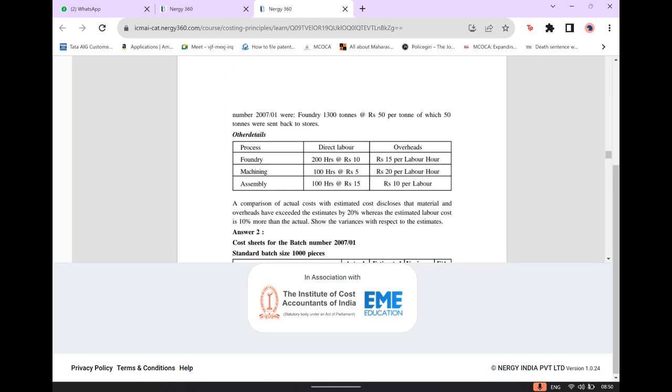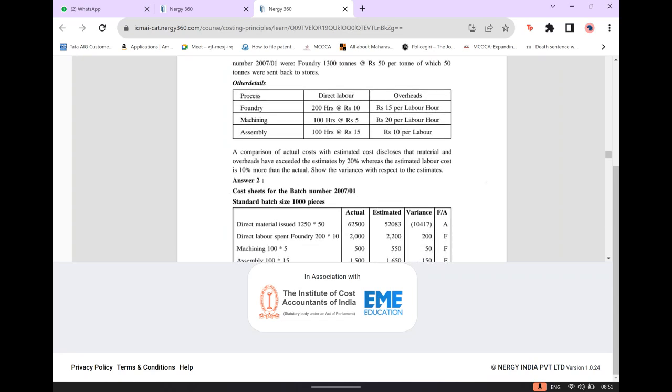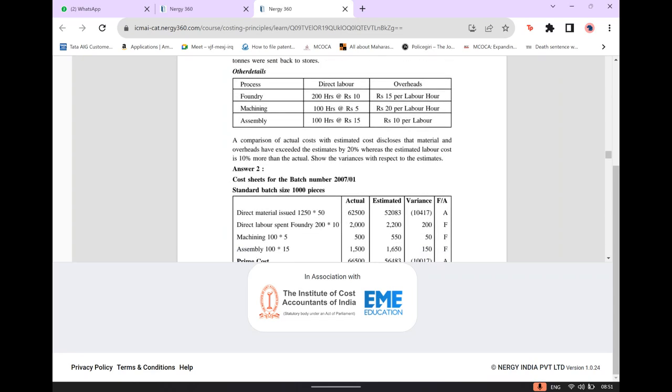A comparison of actual cost with estimated cost discloses that the material and overheads have exceeded the estimates by 20%, whereas the estimated labor cost is 10% more than the actual. Show the variances with respect to the estimate. So we have to calculate what is the estimated and what is the actual.